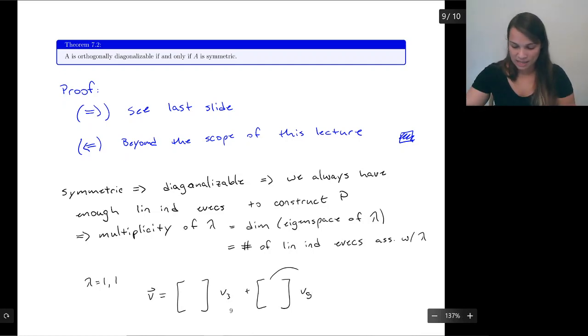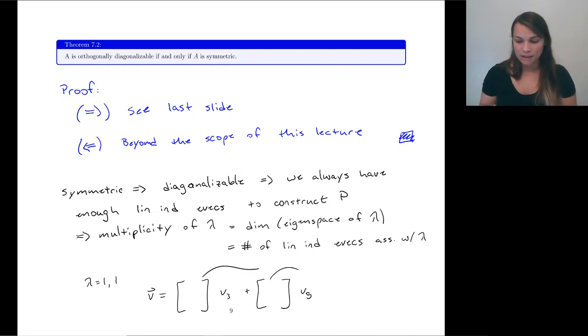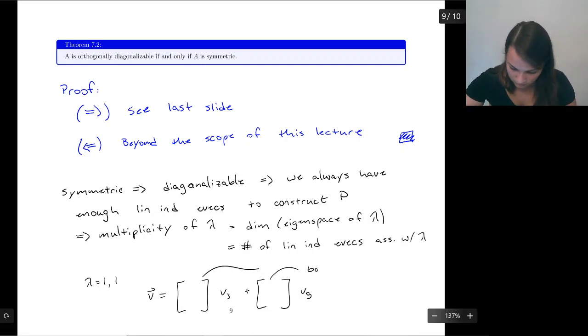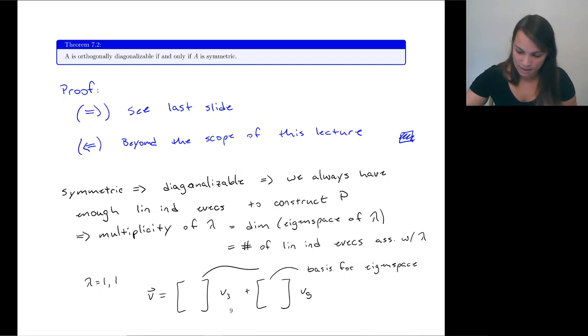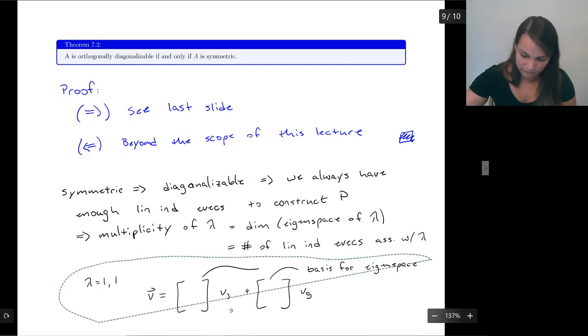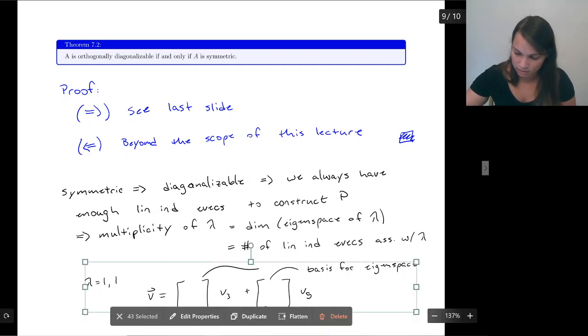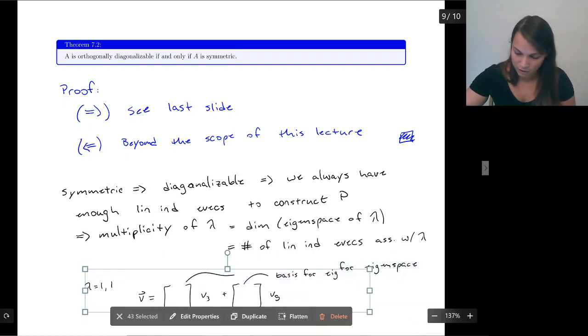And then these two vectors would be linearly independent, and they form a basis for the eigenspace. Okay, hopefully that's enough of a reminder if that definition has fallen out of memory.